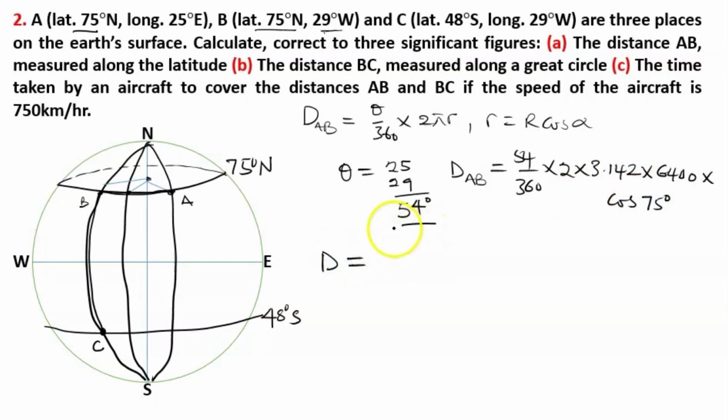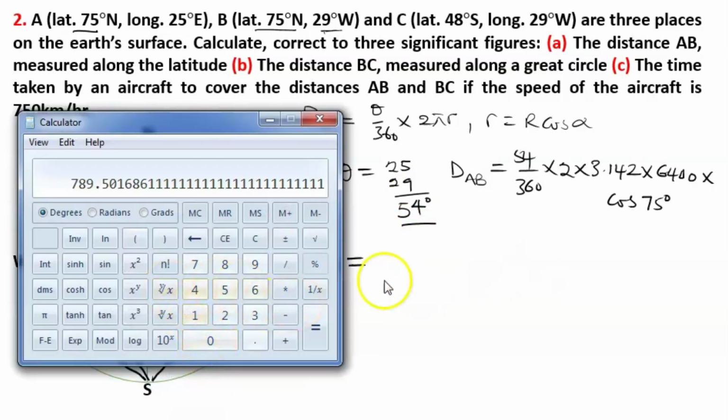So when we bring out our calculator to quickly do that, we are going to have 54 divided by 360, then multiply by 2. Sorry, let's just start like this.